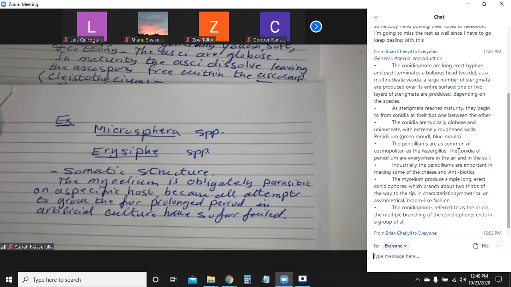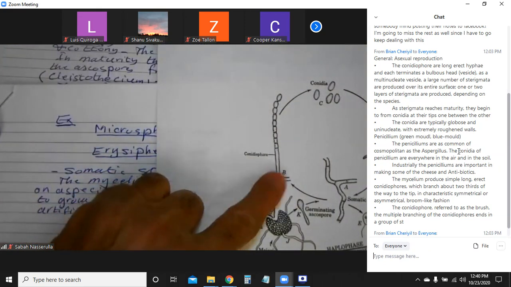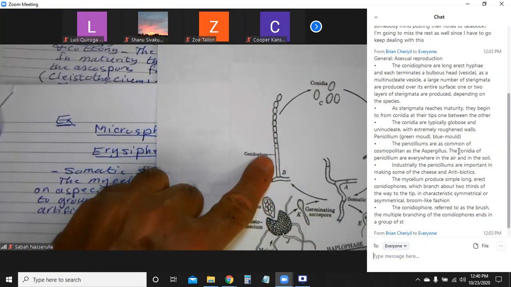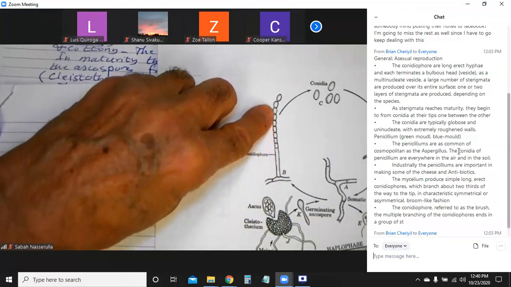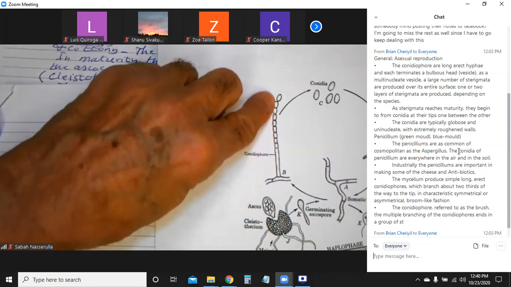Now, the characteristic of this organism Erysiphe is like this. When you have the mycelium and it produces the conidiophore, the conidia are in a single chain like this, and that's how it looks.